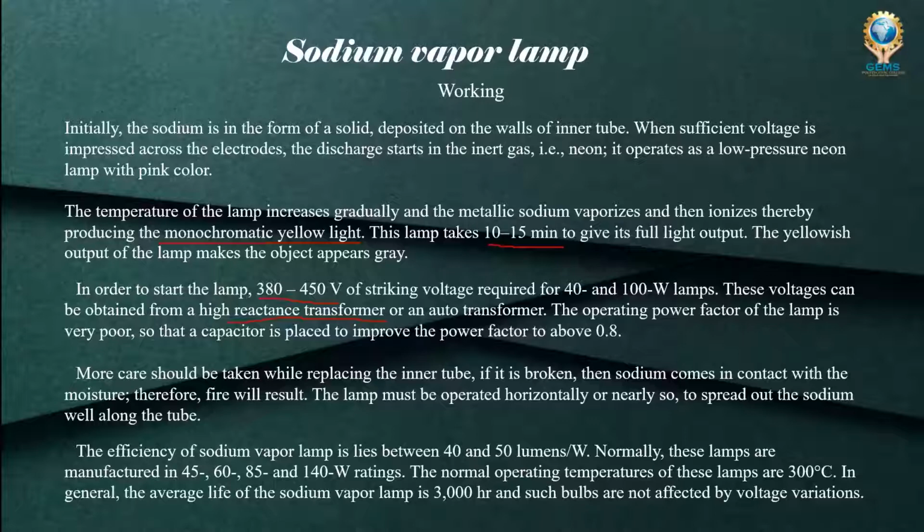The operating power factor of the lamp is very poor. Already we saw that discharge lamps have poor power factor, so we need to place a capacitor to improve the power factor above 0.8.